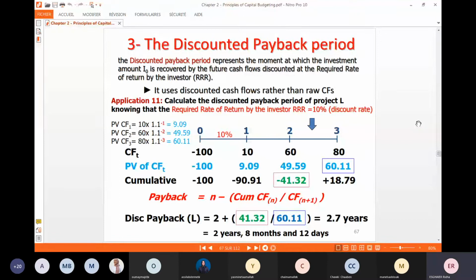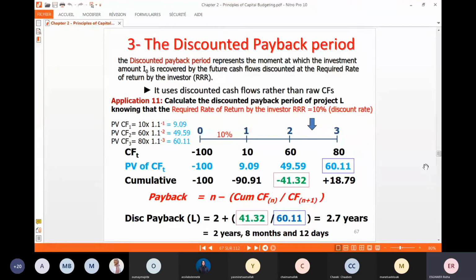Or if they will not use this money in this project, if they choose to invest their money in another project, they can earn only 10%. Donc the required rate of return can be an opportunity cost, or it can be the cost of the money used to finance the project. It is also called the hurdle rate, the reference we use to compute the value today of any future cash flow.